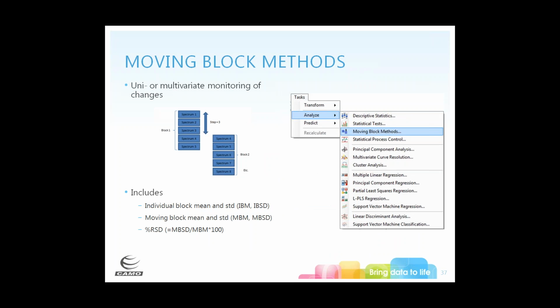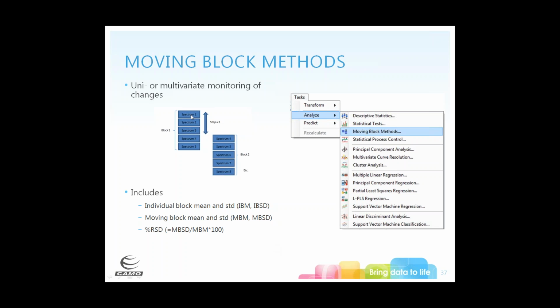Just very quickly in the end, the alternative process monitoring method that we have included is moving blocks. You can either monitor individual variables or you can monitor scores, which is output from a PCA or PLS model, or PCR. You define windows.